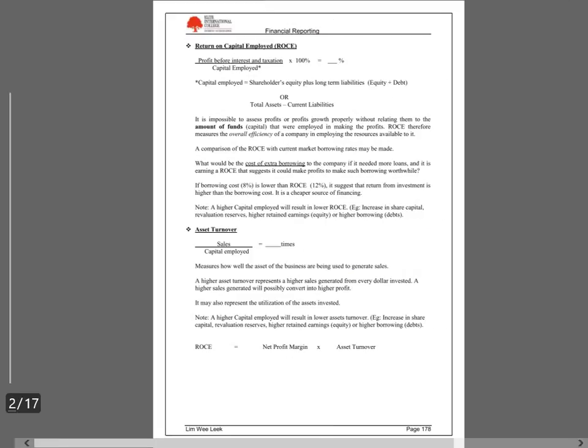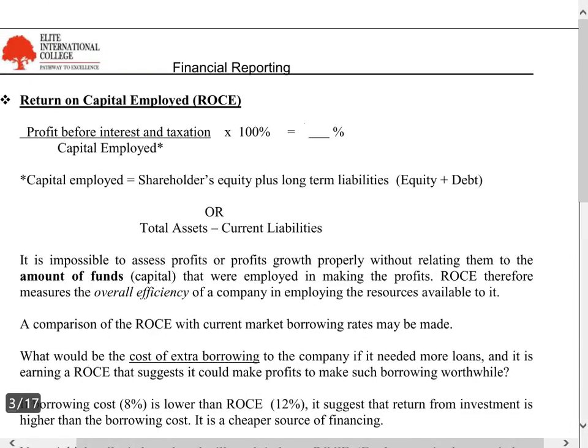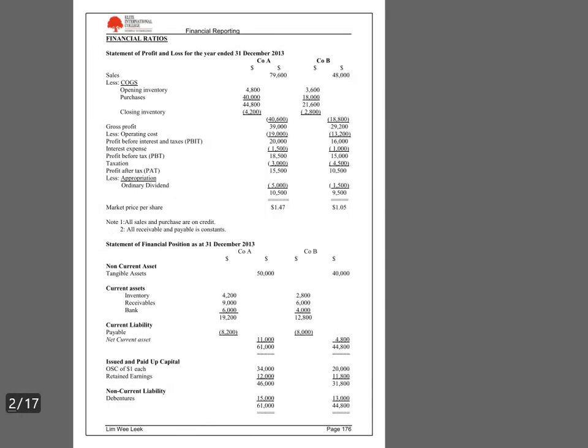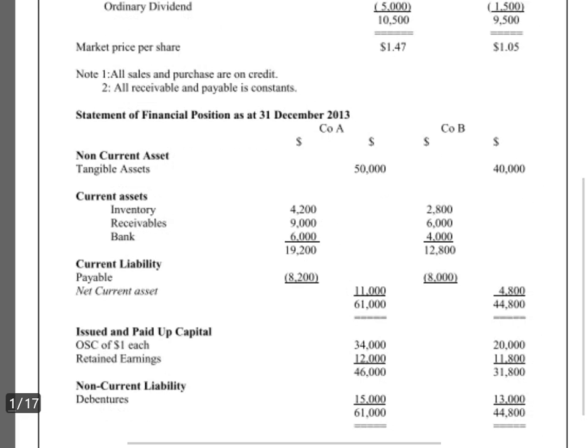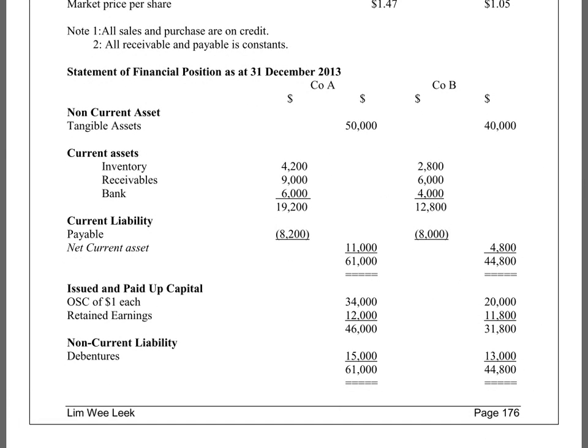How to get capital employed? Total asset minus current liability, or equity plus debt.